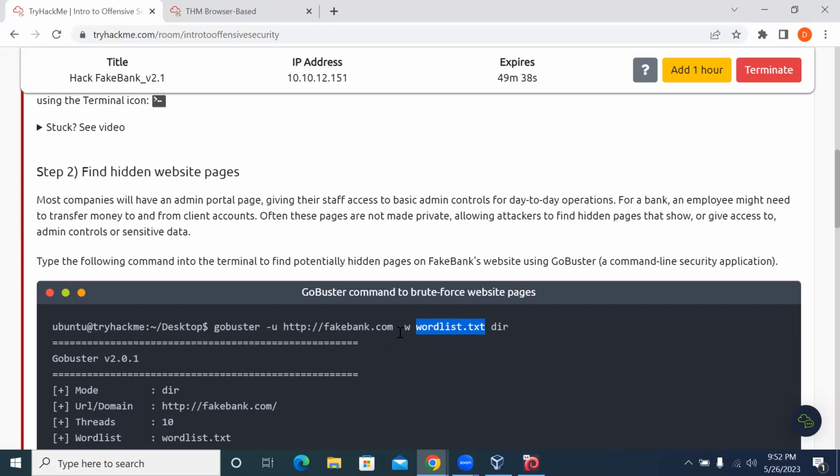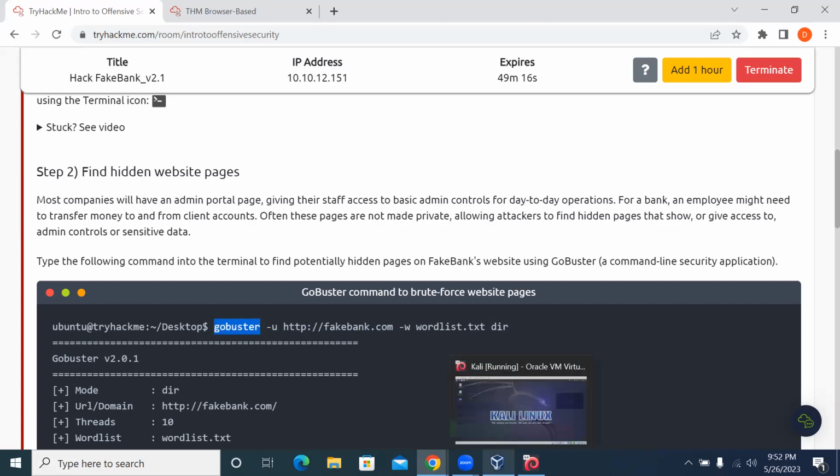So this is a word list, right, that is added here. And what is here is showing that, okay, this is a website, right? And then this is a directory, you are searching for directories. So that is what is written here. If, for instance, you want to learn more about GoBuster, what is the command you use?